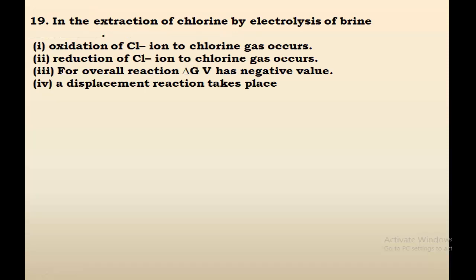In the extraction of chlorine by electrolysis of brine, what takes place? So how can you represent the reaction? Brine means aqueous solution of NaCl. During the extraction of chlorine by this electrolysis, the reaction can be represented as 2Cl minus plus 2H2O gives 2OH minus plus H2 plus Cl2.